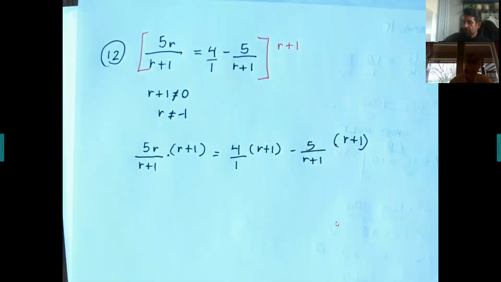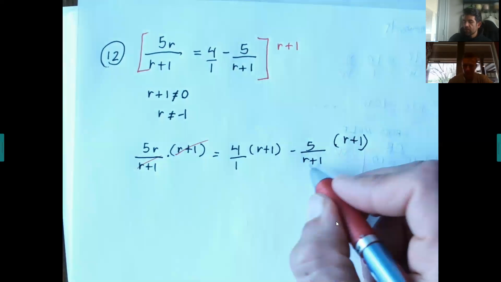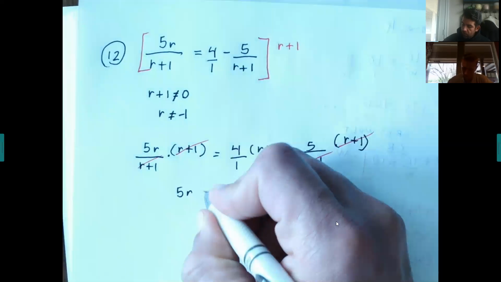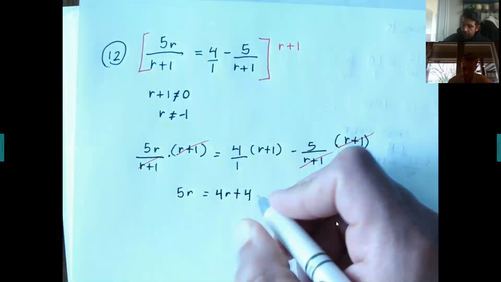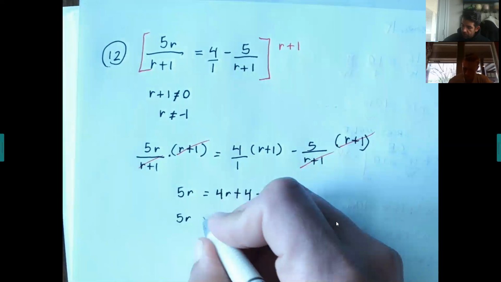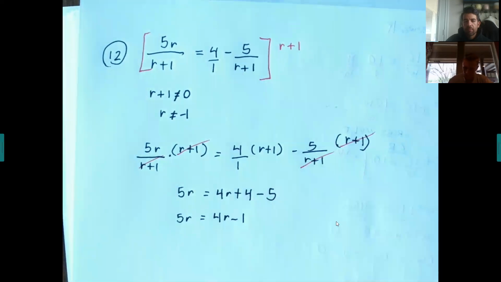So this cancels, this one, it's just 1, so it's fine. This one cancels, so I end up with 5r is equal to 4r plus 4 minus 5. So that's going to give us 5r is equal to 4r minus 1.